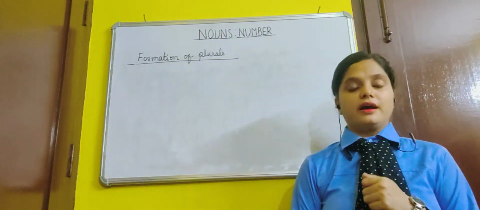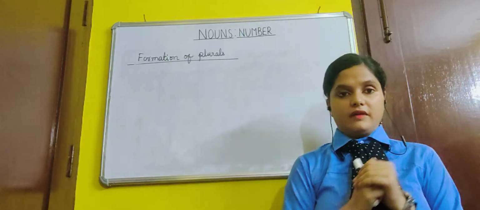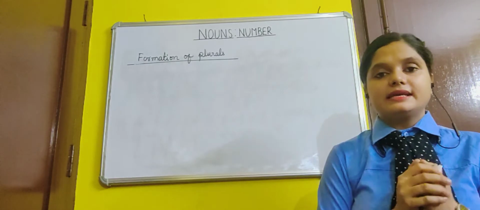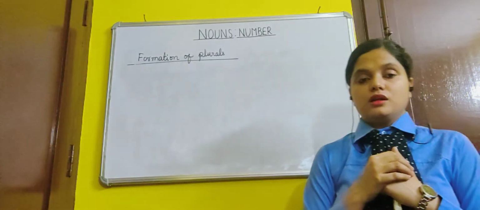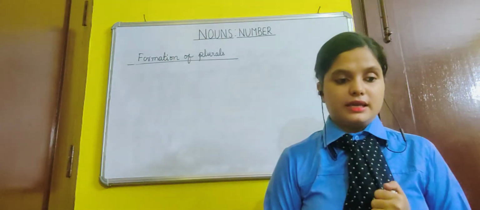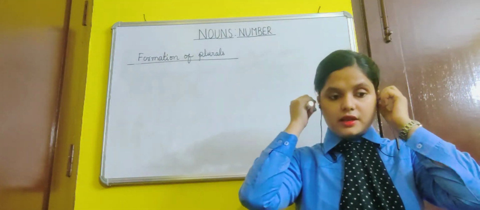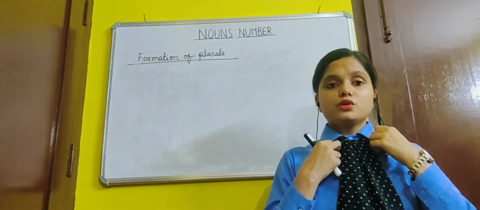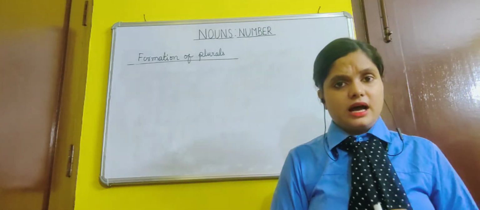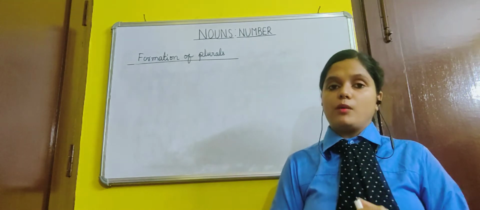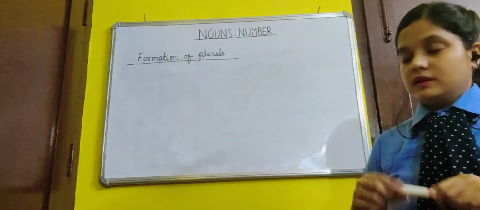As we learned, if a word ends with y, we remove y, change y into i, and add es. But it is not applicable in all cases. There are a few words which are exceptions, and what we do is simply put s after the y and make the plural form.